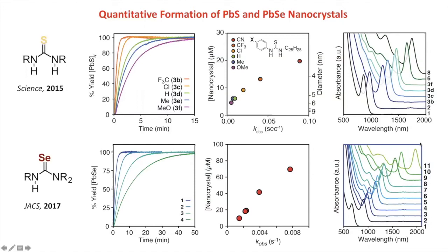Okay, so the other thing about this reaction that turns out to be really great for mechanistic studies is that the size distributions are really narrow. So the peaks that you're looking at here, these are the lowest energy excitonic transitions in the semiconductor. And you can see in the lead chalcogenides, they're really separated from the next highest absorption. So take this one, for example.